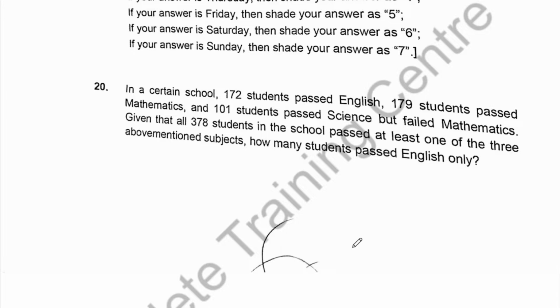Okay, question 20. In a certain school, 172 students passed English, 179 students passed maths, 101 students passed science but failed maths. Given that all 378 students passed at least one of the 3 subjects, how many students passed English only?